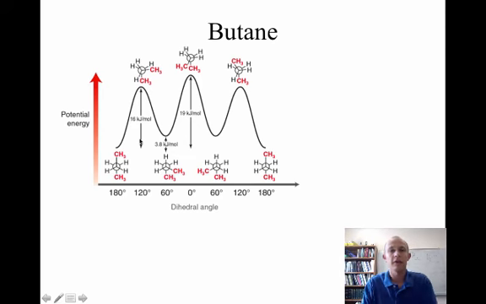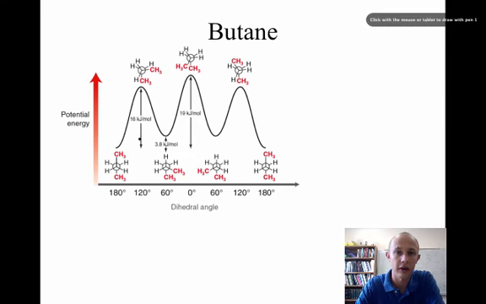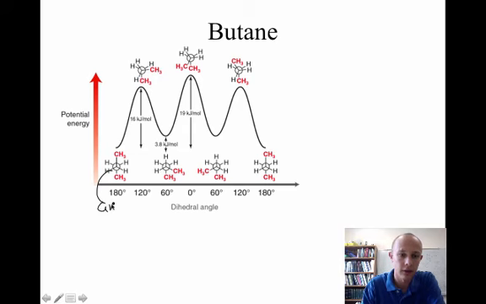Notice how this potential energy diagram looks somewhat different than the one we just looked at. The lowest energy conformation is the anti-staggered conformation. As this methyl group comes around, we stagger a methyl and a hydrogen and a methyl and a hydrogen. There's 16 kilojoules per mole associated with that.